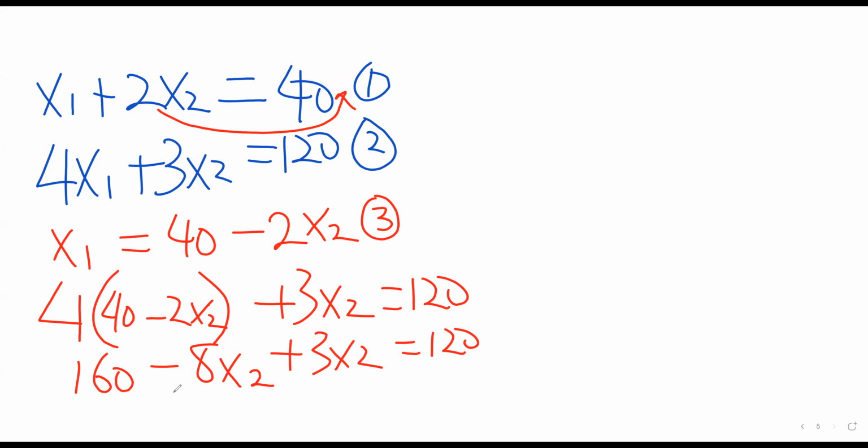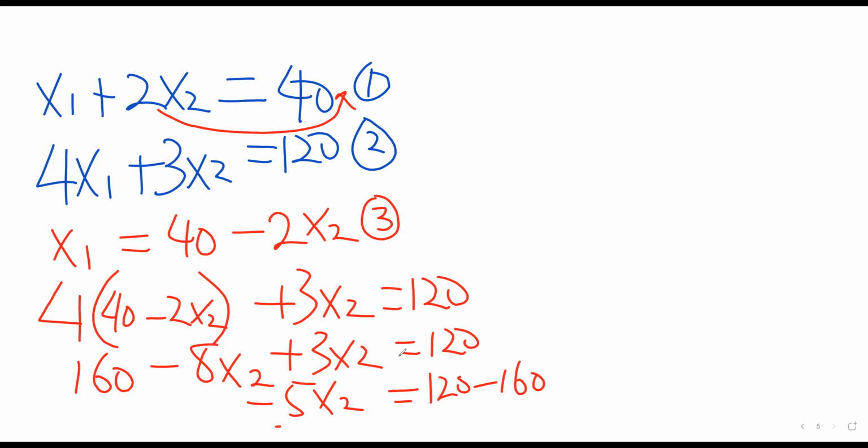Now you can see that this is minus 8 plus 3 because they are all x2, so that will give you minus 5x2. Then you go to the other side of the equal to sign, you have 120 minus 160, and that will be minus 40. So you will have minus 5x2 equal to minus 40.